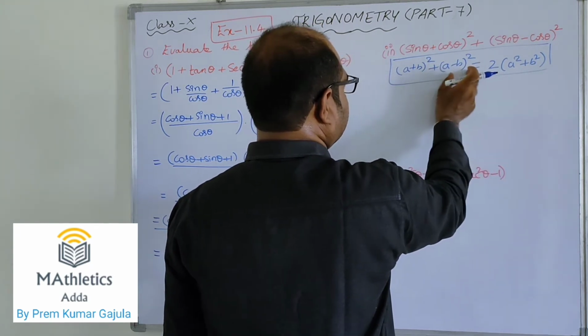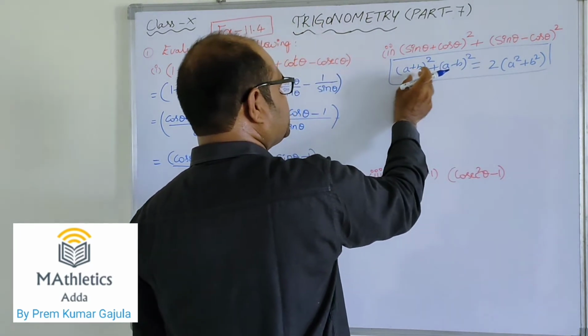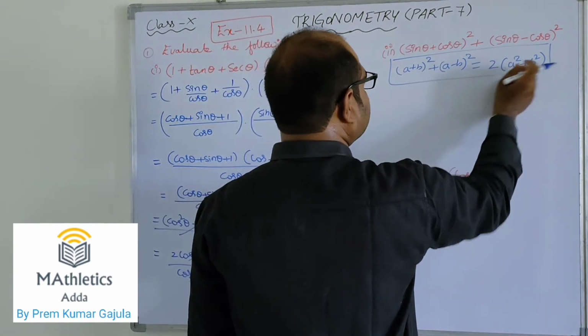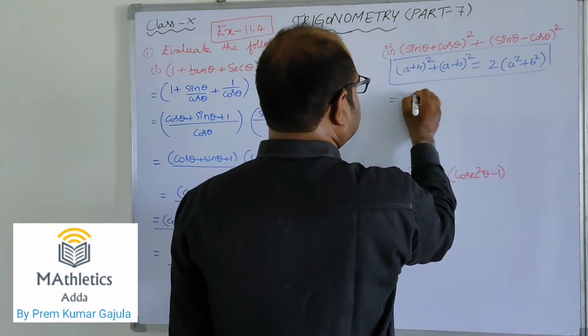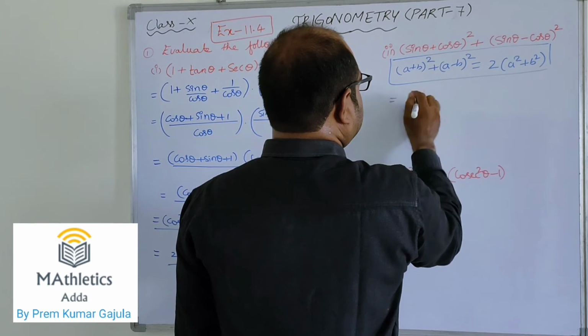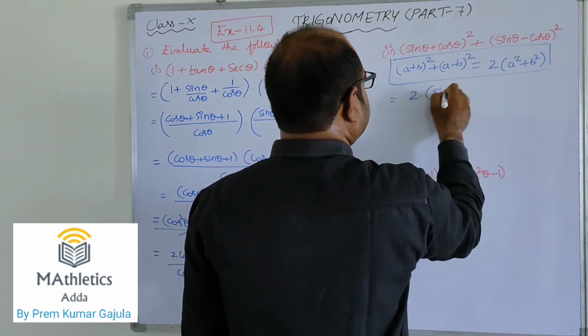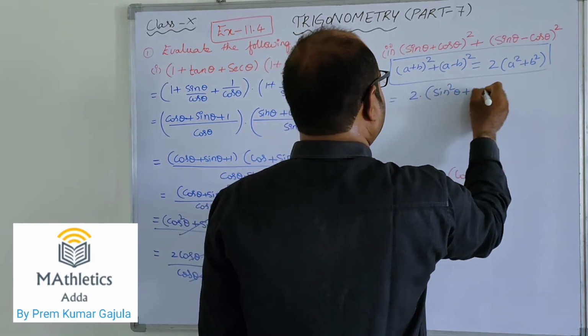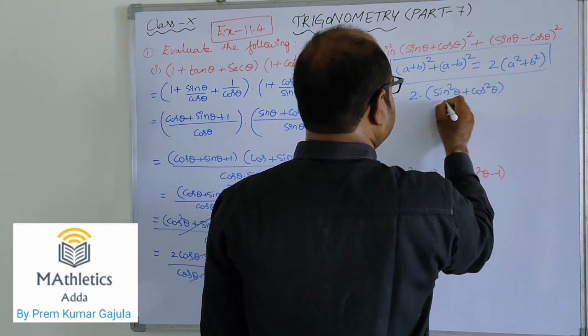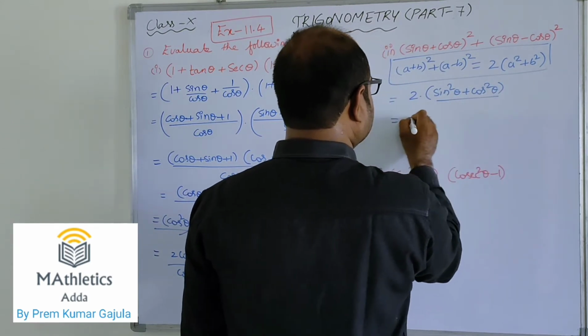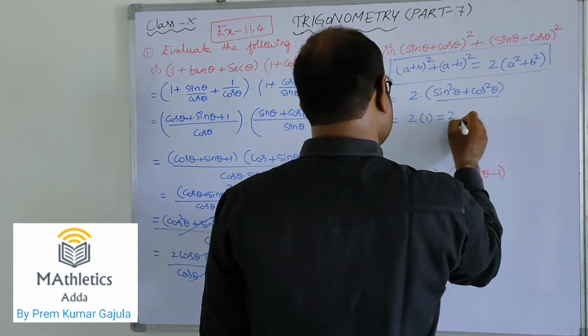This 2ab and this minus 2ab get cancelled. You will get a² twice and b² twice, that is 2 times (a² + b²). So that is 2 into (sin² θ + cos² θ). We know that sin² θ + cos² θ value is 1. So 2 into 1, that is equal to 2.